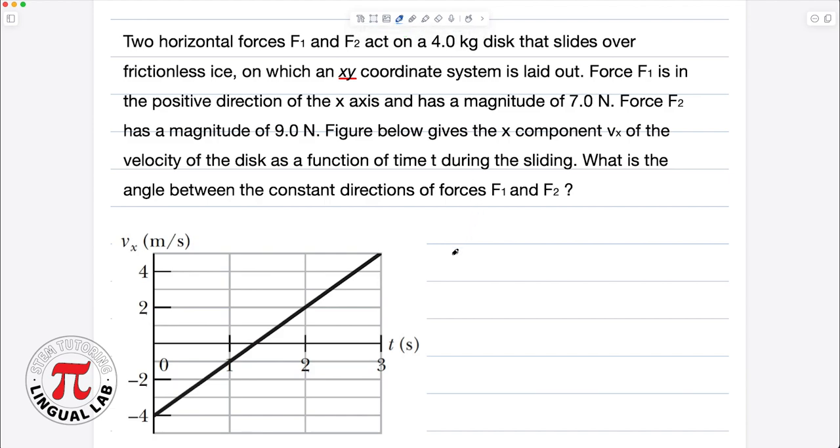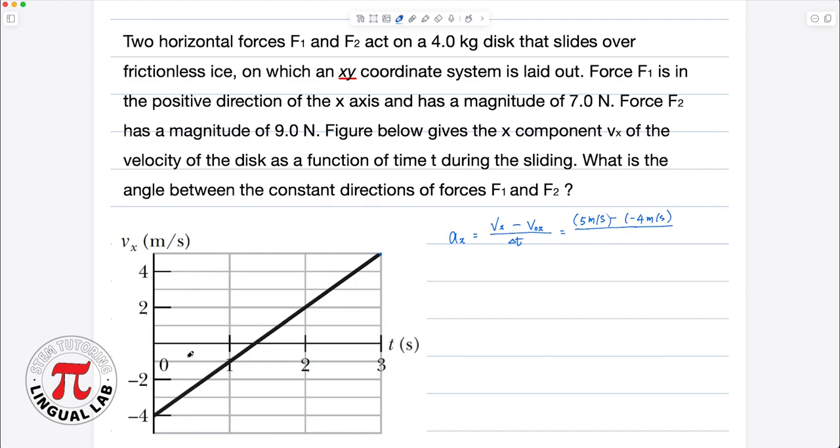So we can calculate the acceleration x component from the given graph: the final velocity x minus the initial velocity x over the time difference. At the final point they have 5 meters per second, minus the initial velocity at time 0, which was -4 meters per second.